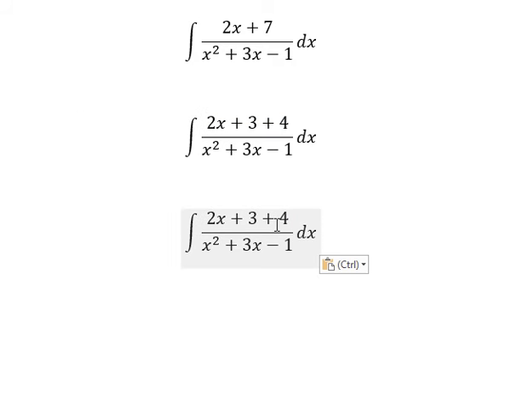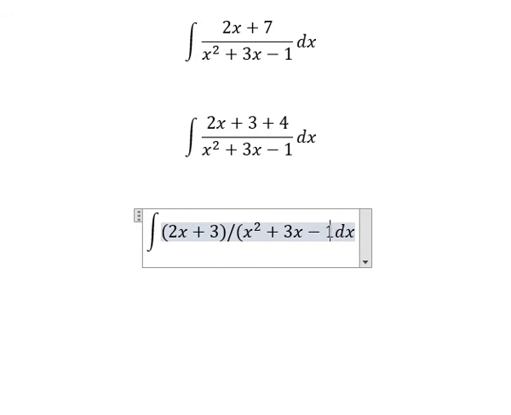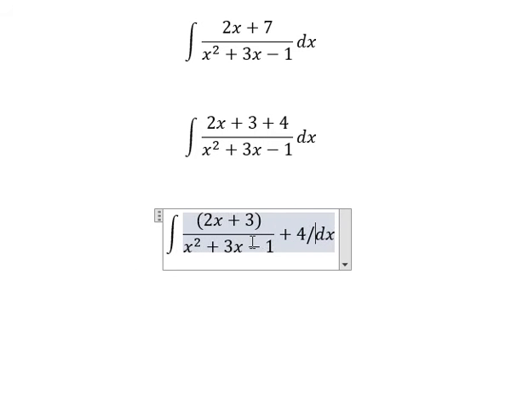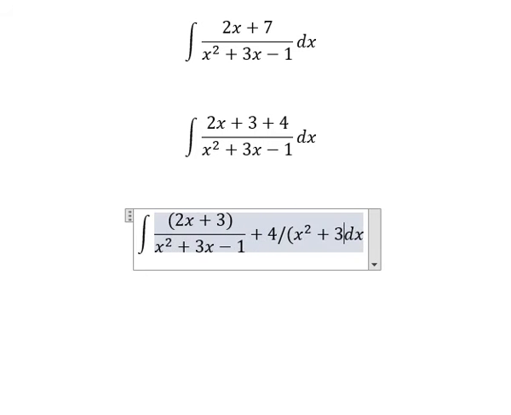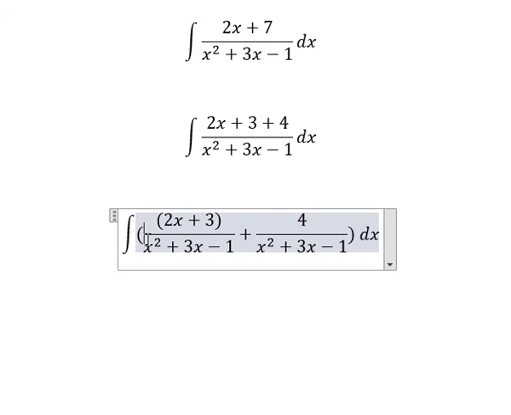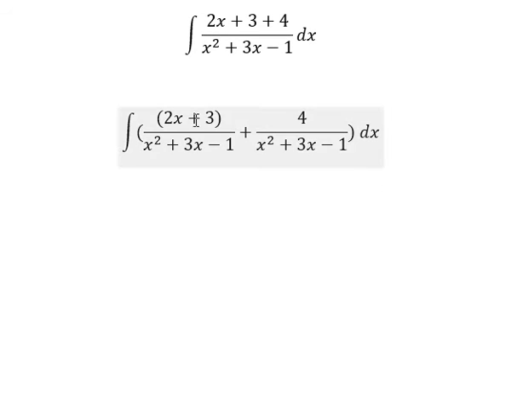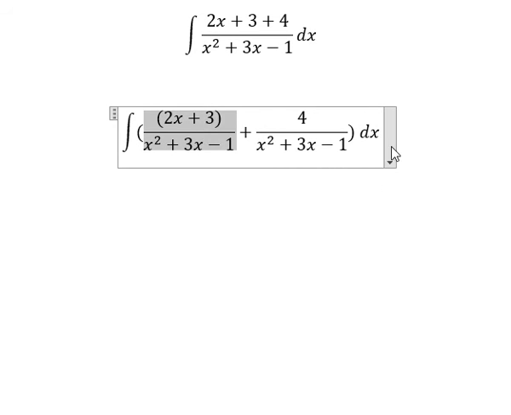Now we need to separate them in here. So we need to focus on this one.